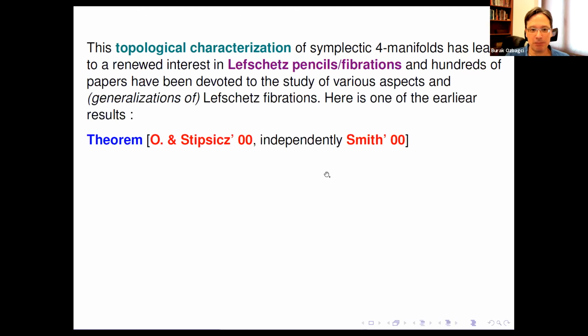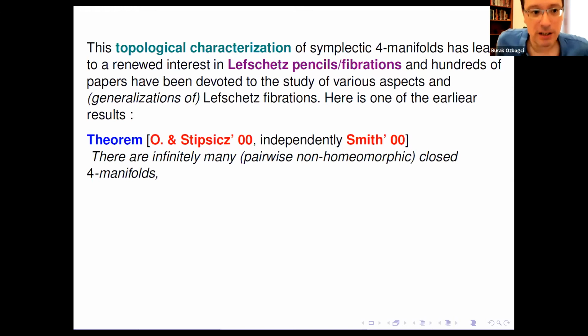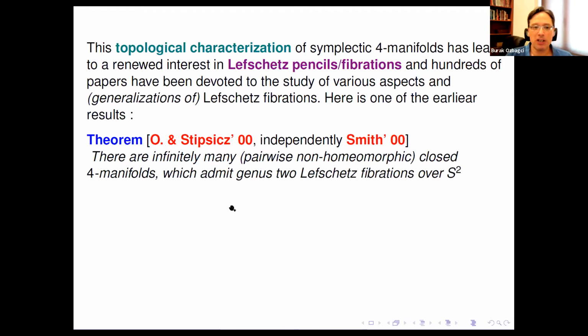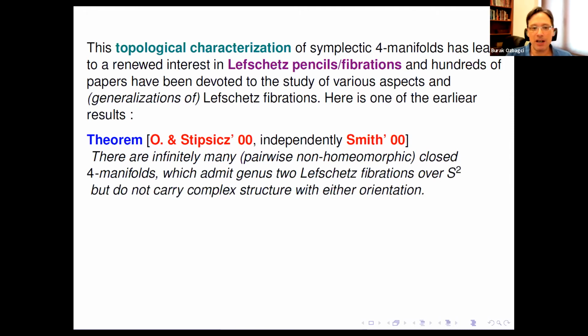Here is one of the earlier results. Well, this is my first published paper. It's joint work with Andreas Stipsicz, and this was independently obtained by Ivan Smith. The theorem is that there are infinitely many pairwise non-homeomorphic closed four manifolds which admit genus 2 Lefschetz fibrations over the sphere, but do not carry complex structure with either orientation.